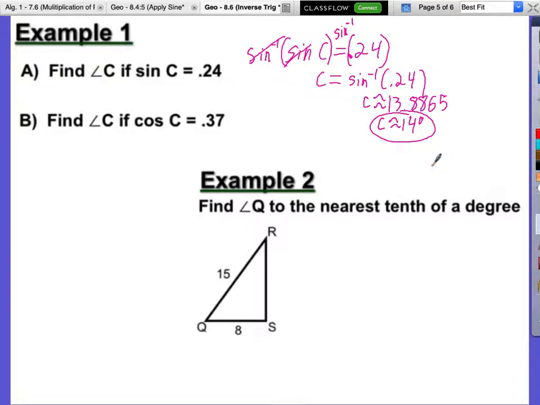Can I use it? Actually, I'll highlight that.